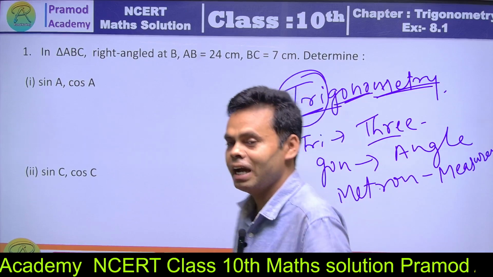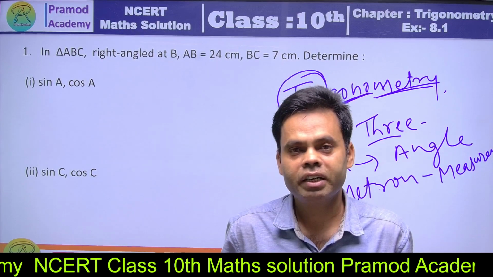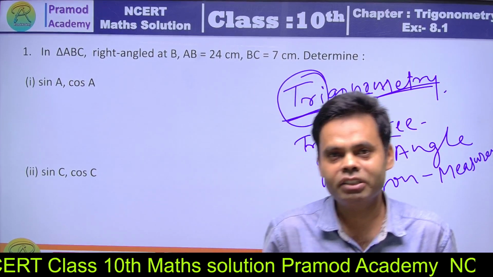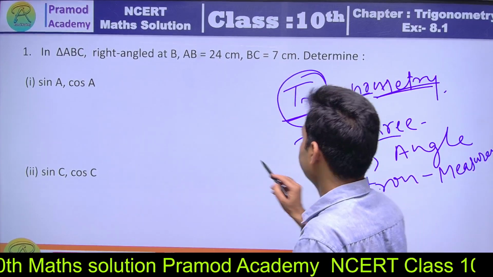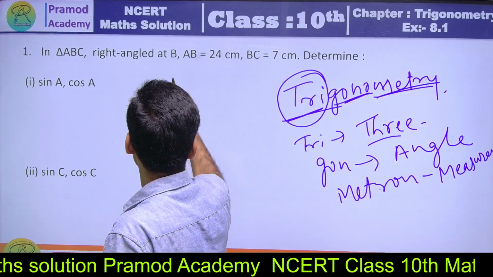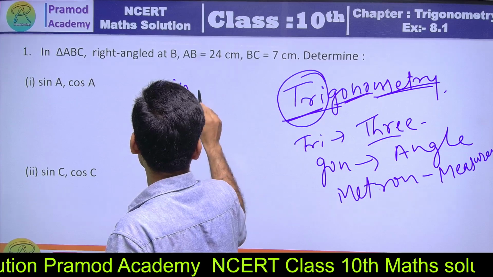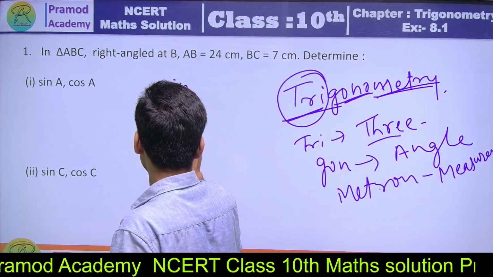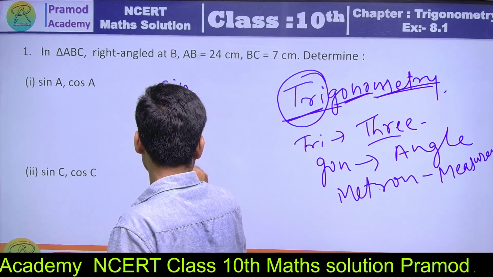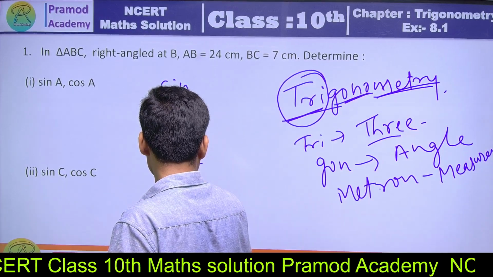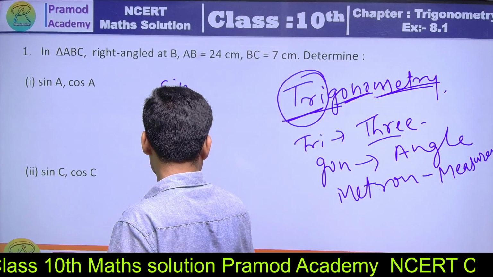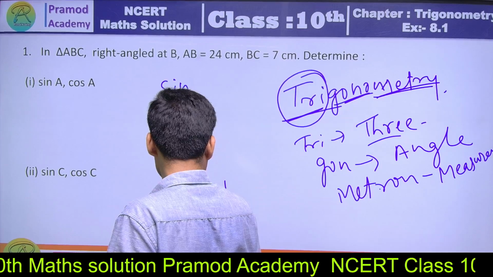So trigonometry has 6 ratios, called trigonometrical ratios. Let me tell you first: sin, cos, tan, cot, cosec, sec.